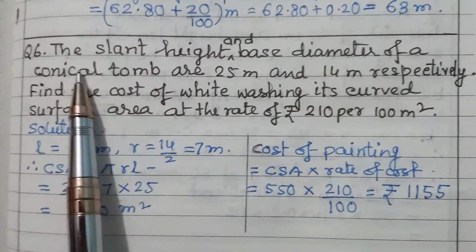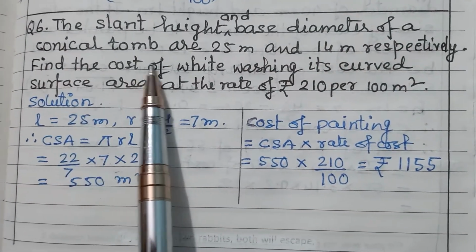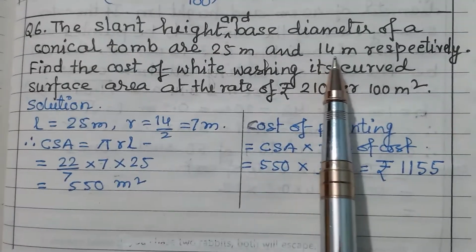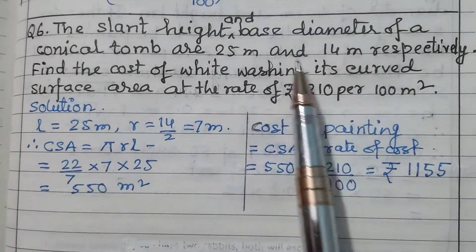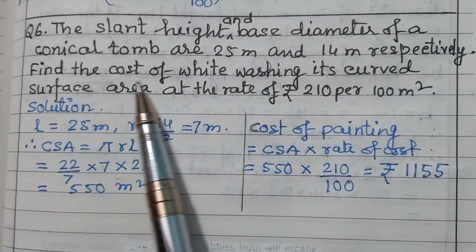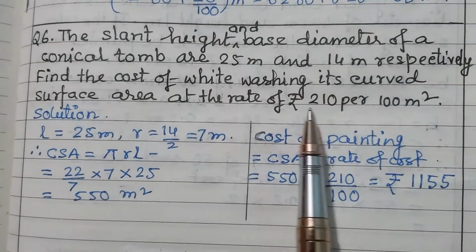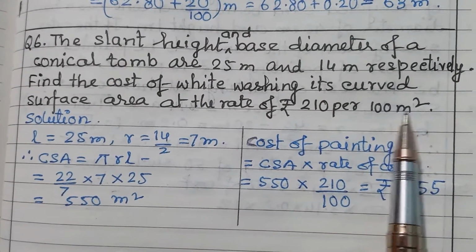Next, question number 6. The slant height and base diameter of a conical tomb are 25 meter and 14 meter respectively. What is given? It is slant height and base diameter. Now find the cost of whitewashing its curved surface area at the rate of rupees 210 per 100 meter square.